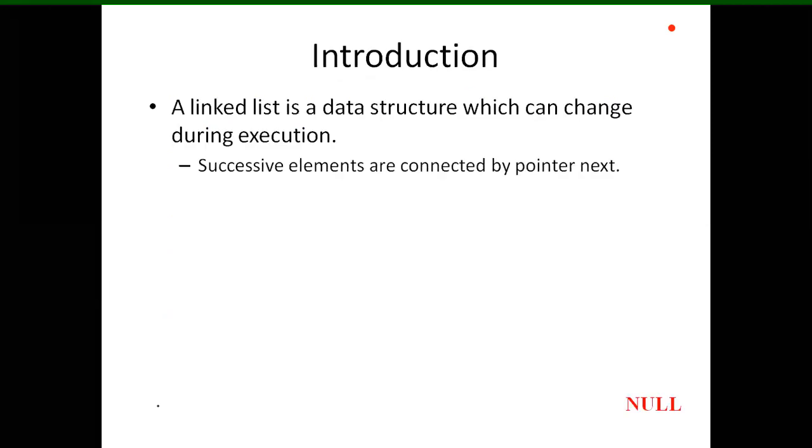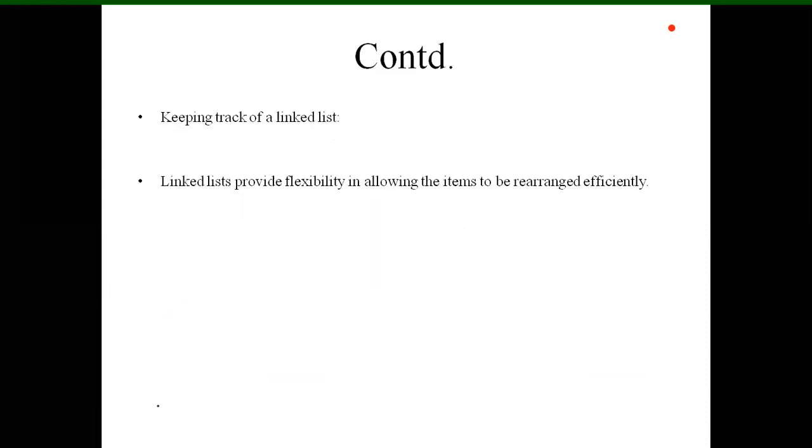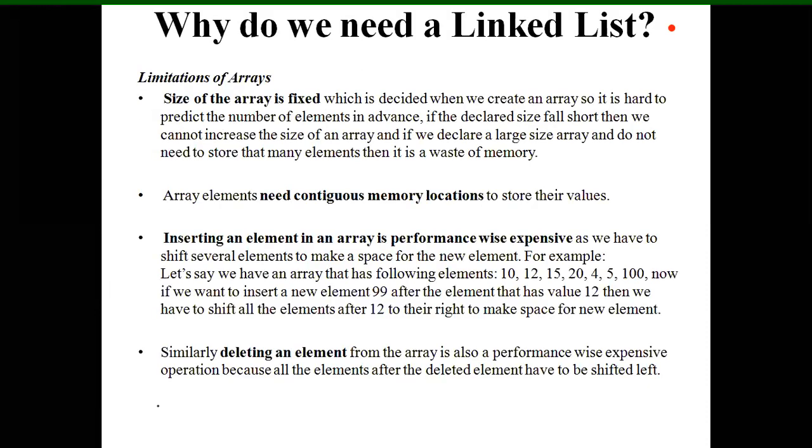Now let us compare the differences. What exactly is the difference between an array and a linked list? The size of the array is fixed, because it needs to be decided at the time of declaration. Whatever the number of elements you want to store, you can store according to the size.